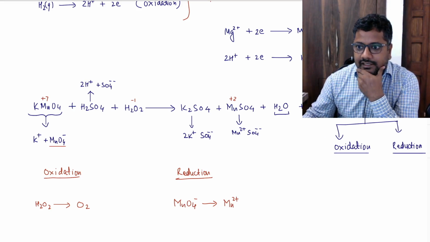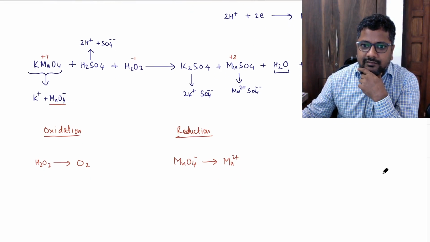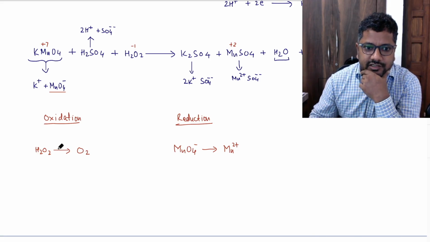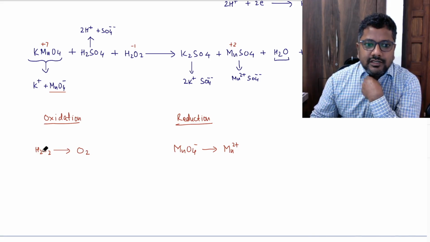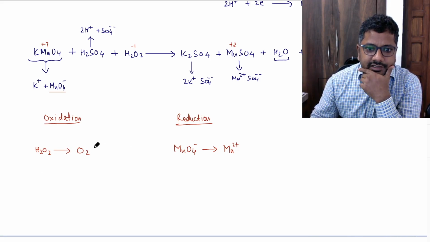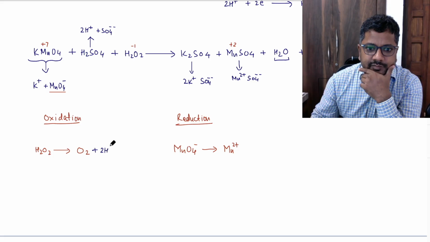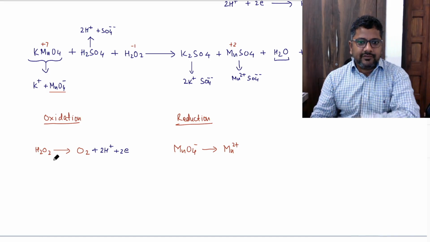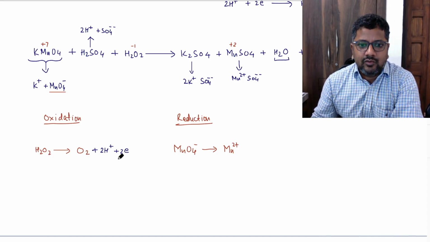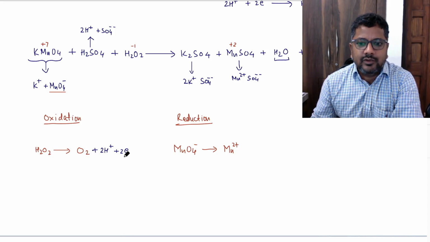Okay, now see, how do we find out how many electrons are changing in this oxidation reduction process? You can balance hydrogen by adding H plus from your side. See here there is no charge, a neutral species. This is also neutral, two positive charges there, so two electrons will be here. So in fact, when H2O2 is converted into O2, there is a loss of 2 electrons.